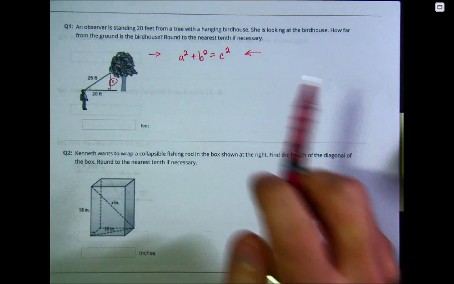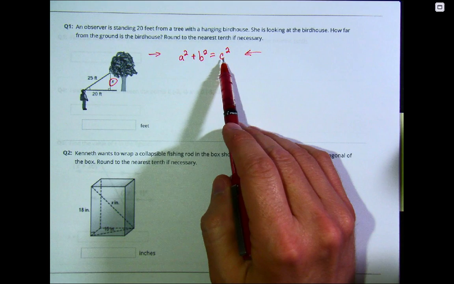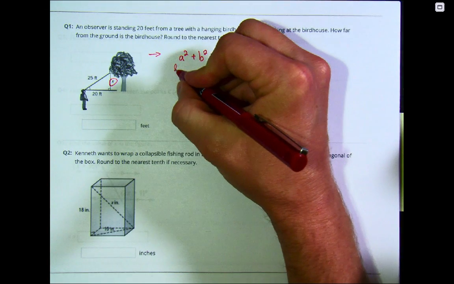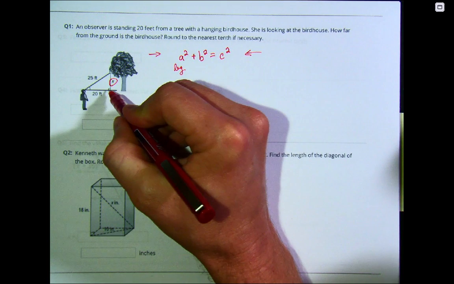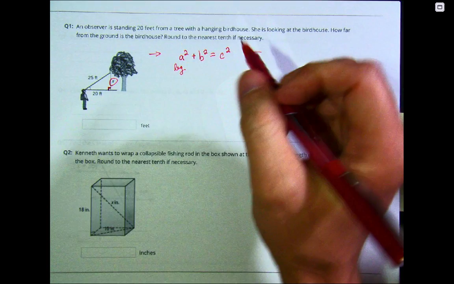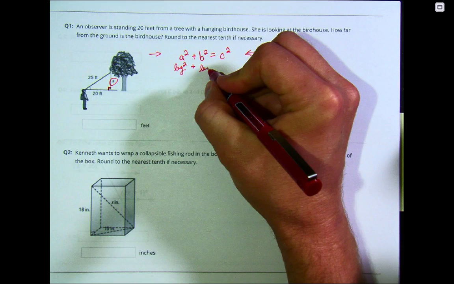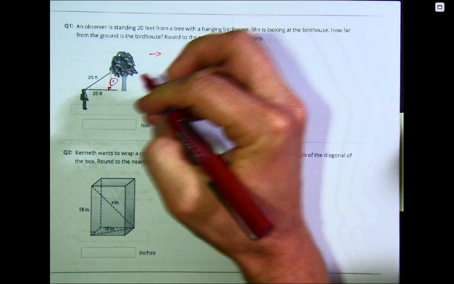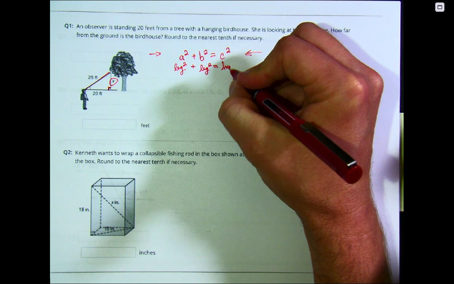This is one of the big 8th grade math concepts, a squared plus b squared equals c squared, which is just an abbreviation of the Pythagorean theorem, which says that for any triangle that happens to be a right triangle, this only works if there's a right angle there, the length of one of the legs squared plus the length of another leg squared equals the length of that third side, which we call the hypotenuse squared.